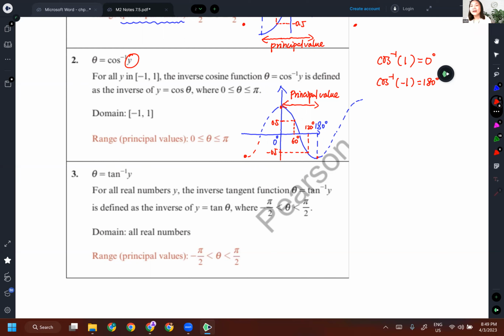All the other ones we have covered: polynomial, exponential, logarithm, and trigonometry. This one, inverse trigonometry, is the last one.